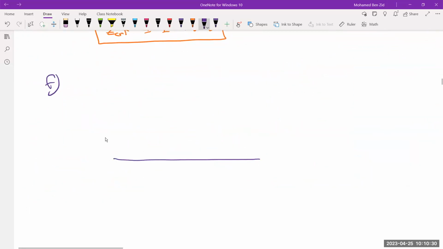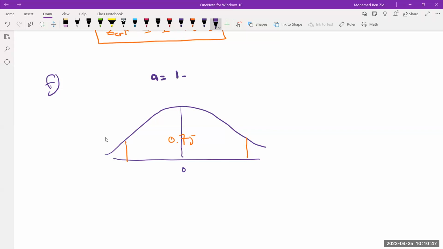So if I have the bell shape, this is the 0, I'm going to cut it off, half here and half here. And in the middle is 0.75. So your alpha is going to be 1 minus C, C being 0.75, and this is going to be 0.25.